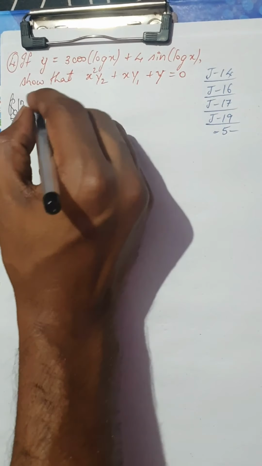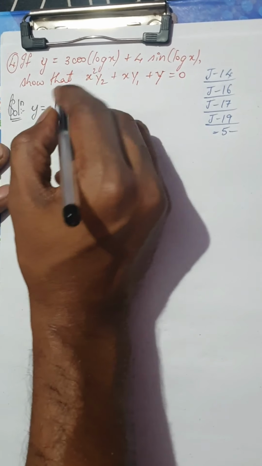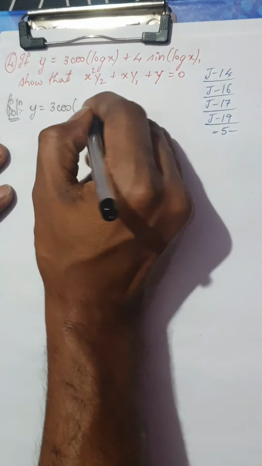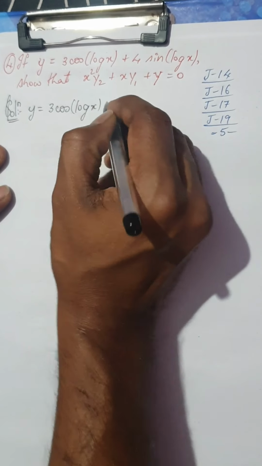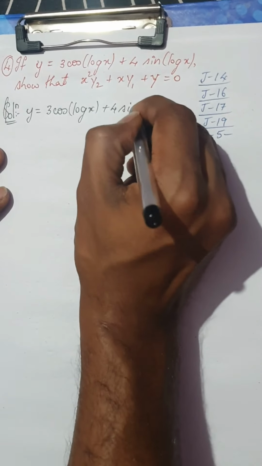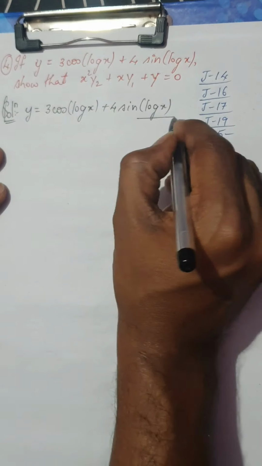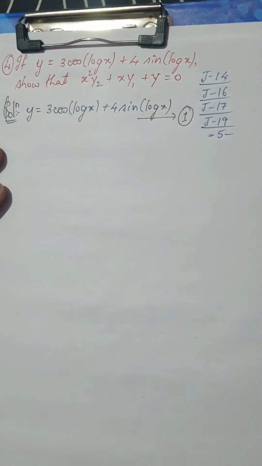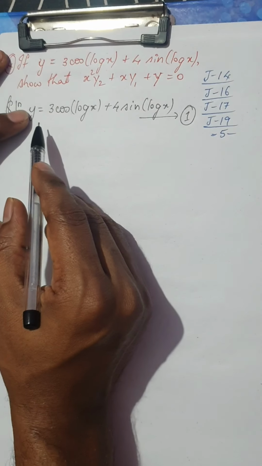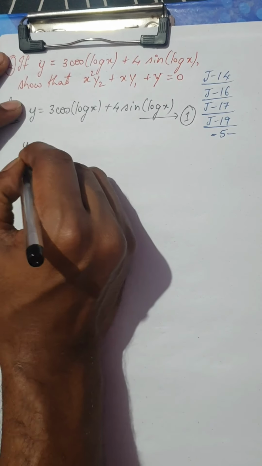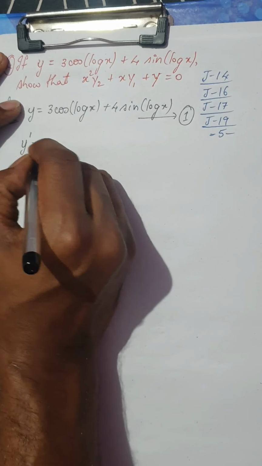So we shall prove it. Before that, let me consider y is equal to 3 cos of log x plus 4 sin of log x. Consider this equation as equation 1. If you differentiate this equation with respect to x, you will get dy by dx.